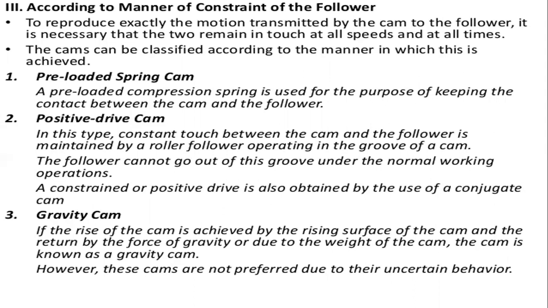And the second one is the positive drive cam. In this type, constant touch between the cam and the follower is maintained by a roller follower, which operates in the groove of a cam. The follower cannot go out of this groove under normal working operations.